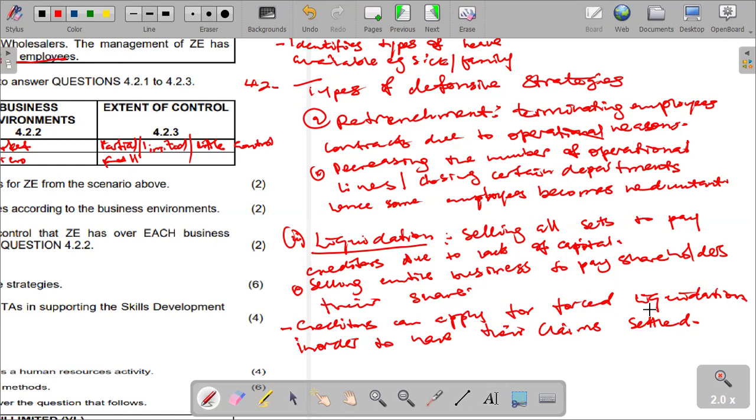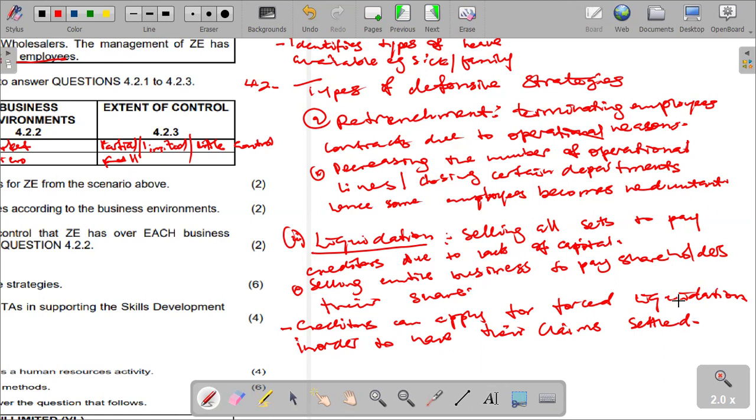So it is a form of raising money to meet operational expenses that a business might not have managed from its normal operations. Hence, it would have to do some forced liquidation. That can be a reason for liquidation.